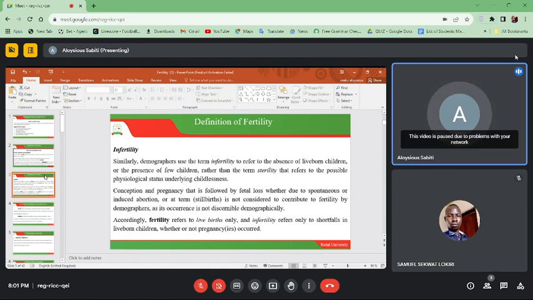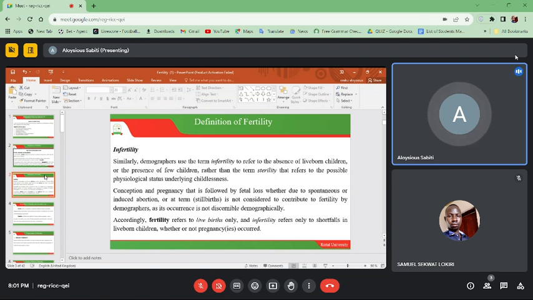When we're using infertility, we shall be referring to the absence of a live-born child, or the presence of few children. However, when we talk about sterility, we are referring to the possible physical status underlying childlessness, meaning that an individual's inability to physically have a child is what we call sterility rather than infertility.